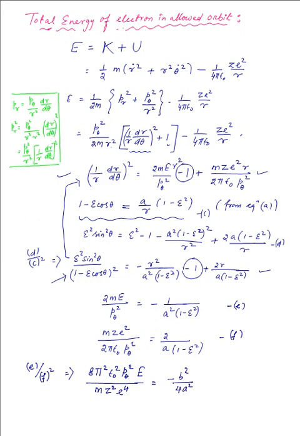Now with this we have the b squared by a squared term. So now let's obtain the energy that we were supposed to calculate. We have E equal to minus m z squared e to the power 4. Now you can see we are getting close to Bohr's result, 32 pi squared epsilon naught squared, and this is p theta squared, and then on the top we have b squared by a squared.